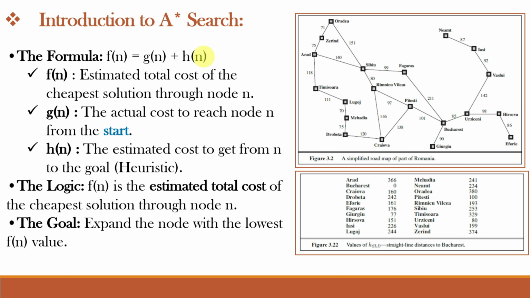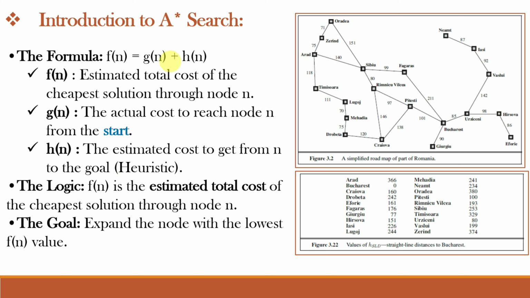See, in greedy best first search, we only used the heuristic h(n), but A-star combines two things: f(n) = g(n) + h(n), where g(n) is the actual cost to reach node n from the starting node or initial state, and h(n) is our best guess from the current node n to the goal node, which is our heuristic, and we know this is calculated using the straight line distance.